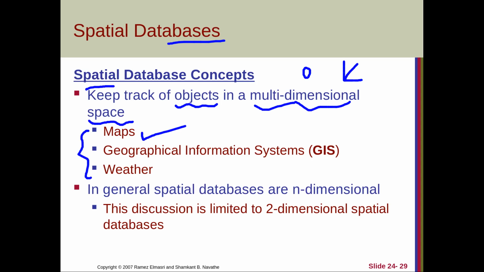The second usage of spatial databases is in the area of geographical information systems. A geographical information system represents how a particular location can be represented geographically, and what variations happen there. If you see the news channels, you can see the weather updates.